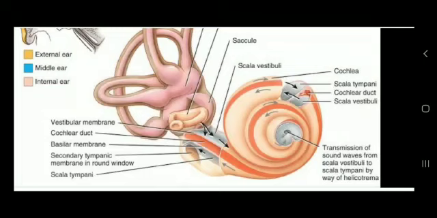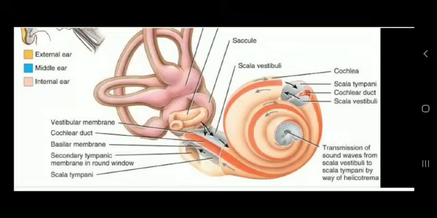And the last one is the scala media or the cochlear duct. You can see it in the diagram. This appears triangular on the cross section.